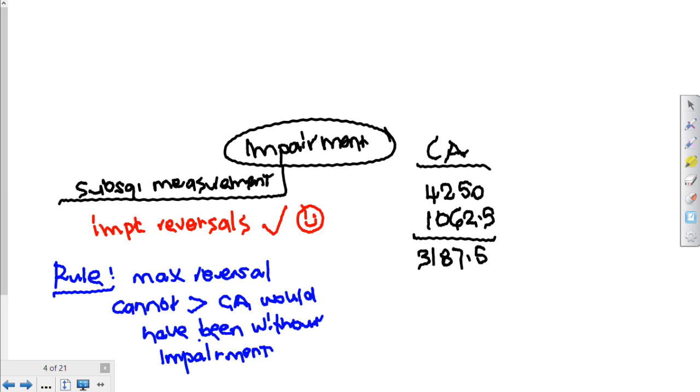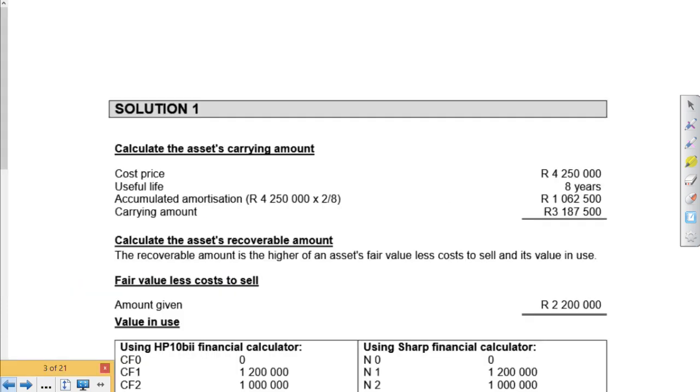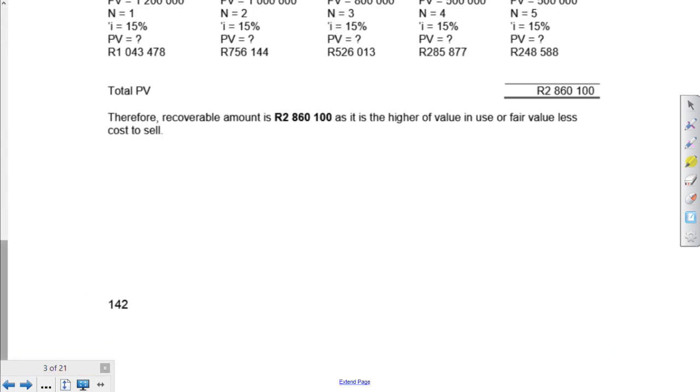And do you agree that at that stage, the remaining life was 5 years? When I worked out the impairment, my remaining life was 5 years. Do you agree? Because that was what it said the cash flows were for the next 5 years. Then I impaired it. And when I impaired it, my impaired value over here was 2860.1.